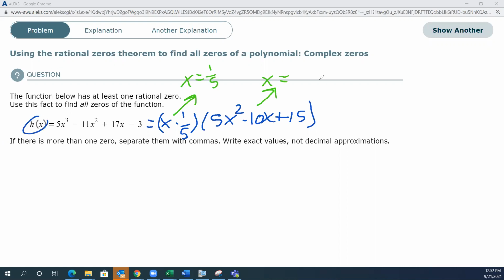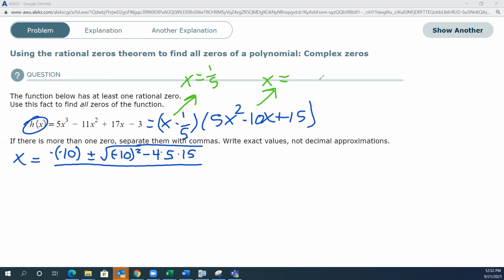Okay, so when we set this factor equal to 0, we go to the quadratic formula and get negative b plus or minus the square root of b squared minus 4ac over 2a, and I hope I'm doing this right.